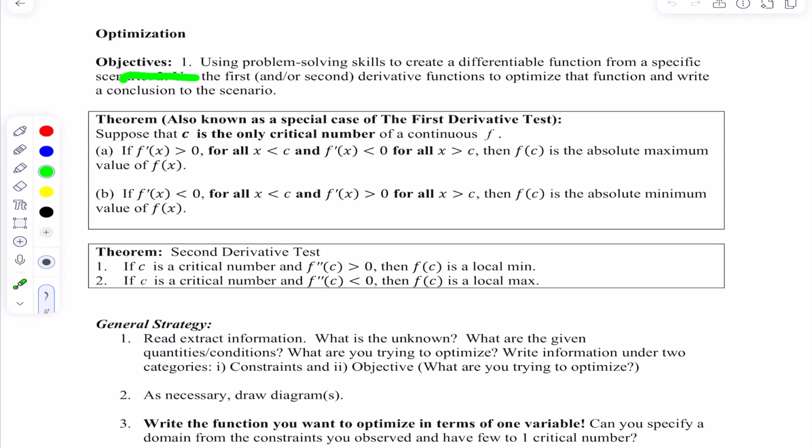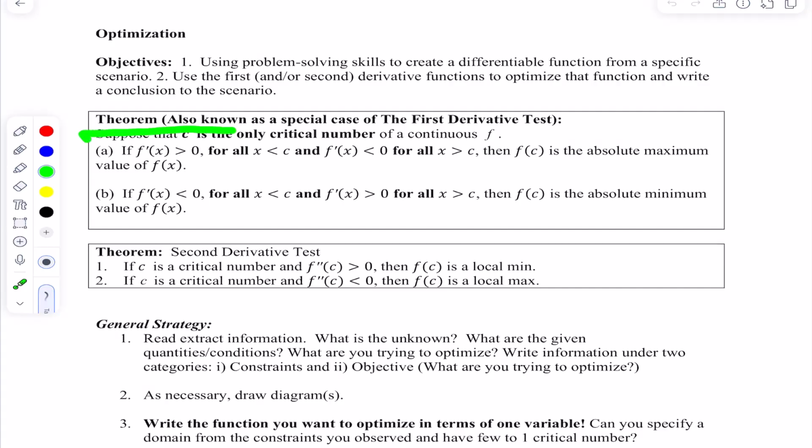So our objectives in optimization is to use problem-solving skills to create such a differentiable function. Then, of course, use the first or the second derivative test to optimize that function and write a conclusion to the scenario.